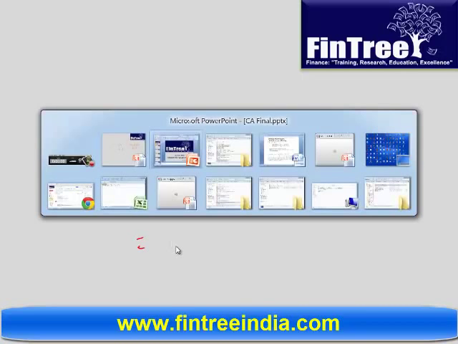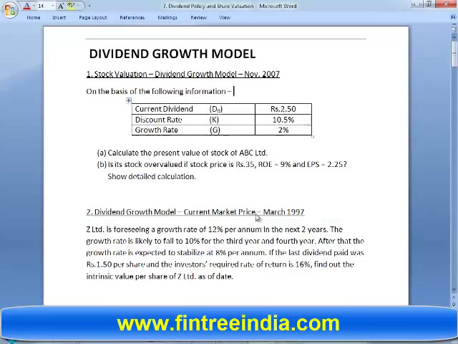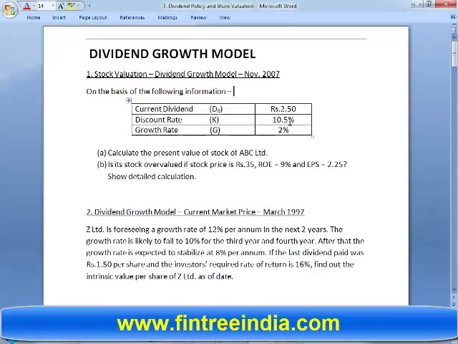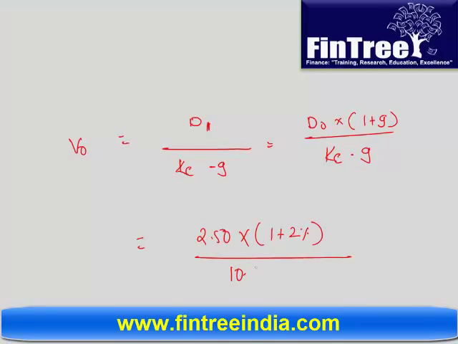In the question, the current amount of dividend has been given as 2.5. So 2.50 into 1 plus 2%, G is the growth rate, which is 2%, divided by 10.5% minus 2%, which is 8.5%. Is this 2.55 numerator?